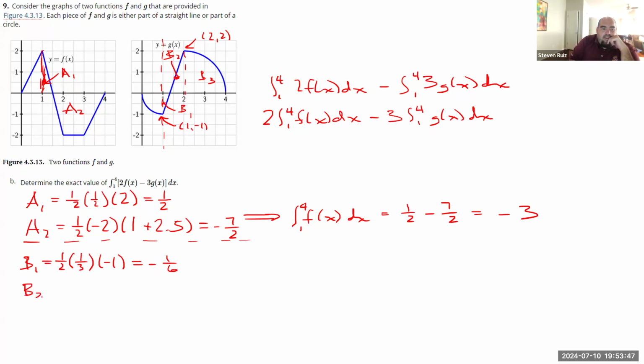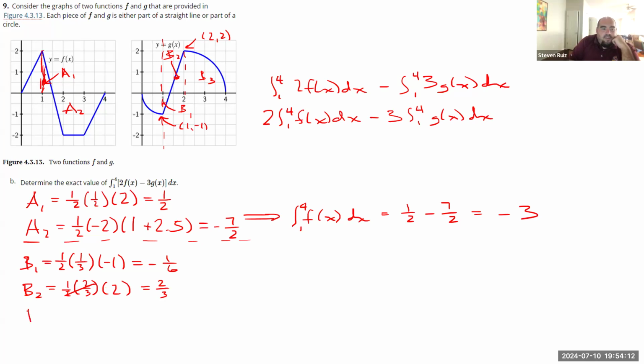How about the area of base 2? That'll be a positive area, also a triangle. So 1/2 times the base length, which should be 2/3 if the other length was 1/3, times the height, which is 2. So this comes out to be a third of 2, which is positive 2/3.